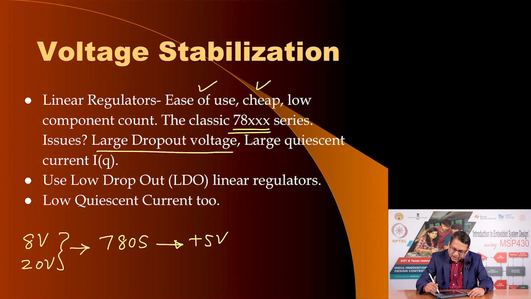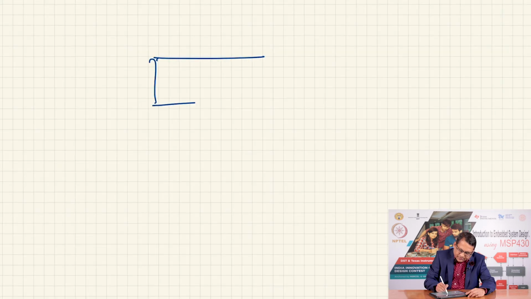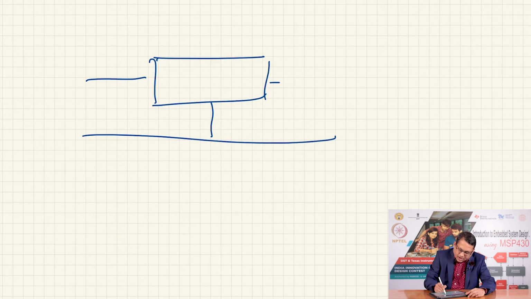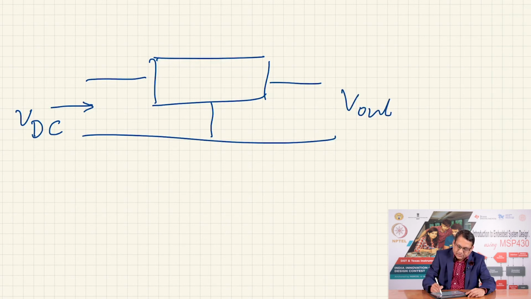Let us look at it. If this is my regulator, and I apply a DC voltage here which is unregulated, meaning it could be fluctuating in nature, and I want Vout which is fixed and stable.